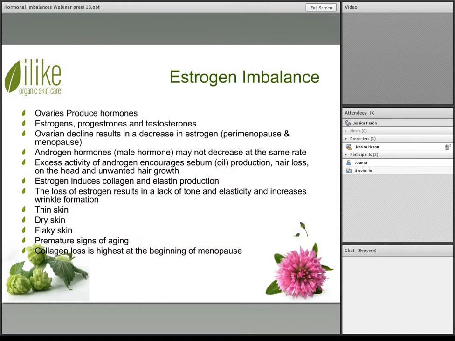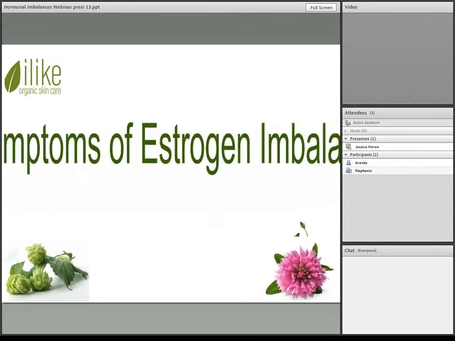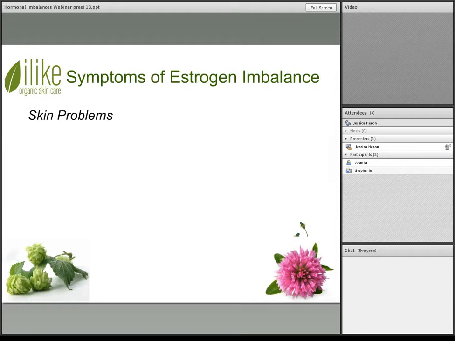So let's take a look at some of these symptoms of estrogen imbalance, some of the skin problems that are normally common during the perimenopausal and menopausal stages. Sometimes breakouts are associated with this estrogen imbalance, especially on the lower parts of the facial area, like below the nose, around the chin, around the jawline, and sometimes even around the mouth.